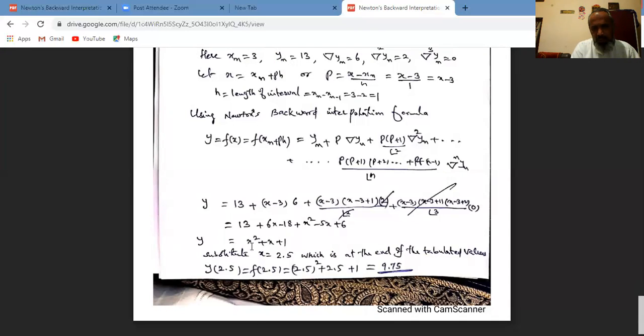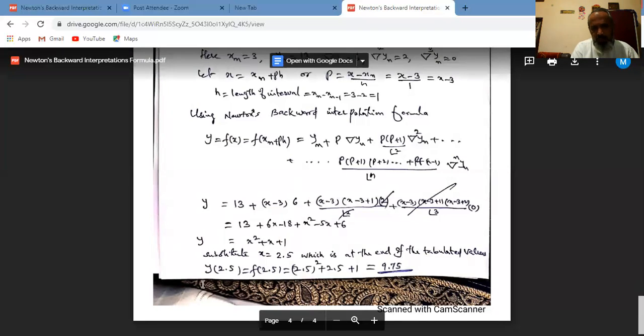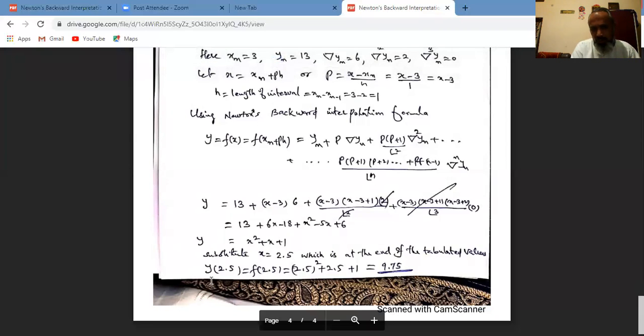So substituting x is equal to 2.5, we get y of 2.5, which is f of 2.5, is one and the same, the value of the function at x is equal to 2.5. So this is equal to 2.5 whole square plus 2.5 plus 1. After simplification, we get the value 9.75.